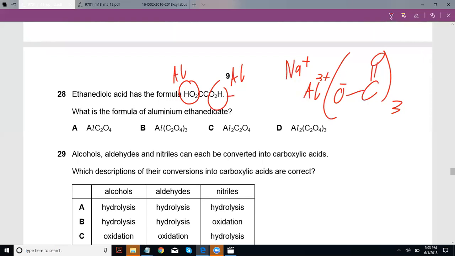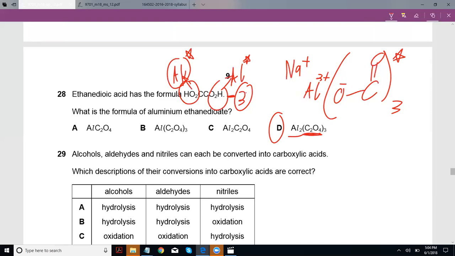They don't need one, they need 3 of these, because if they have 3 of these, then the right hand side can satisfy this aluminum, and the left hand side can be okay with this particular aluminum. So that answer would be D, I believe, because you have Al2, so your aluminum on your right and your aluminum on your left, and since each aluminum needed 3 times this, you just took whatever was in the middle times 3. C2O4 is basically the ion, so you take that times 3.